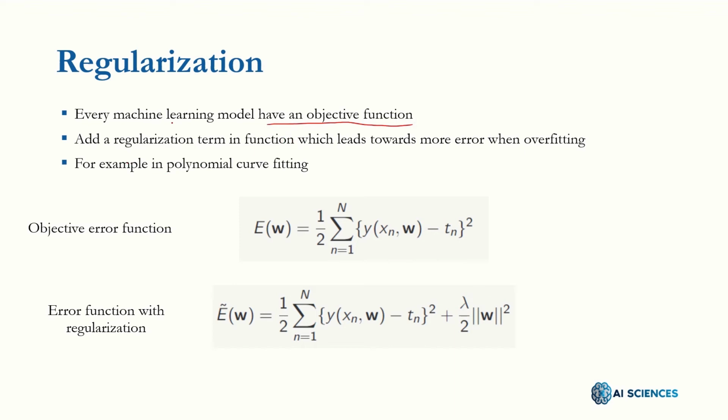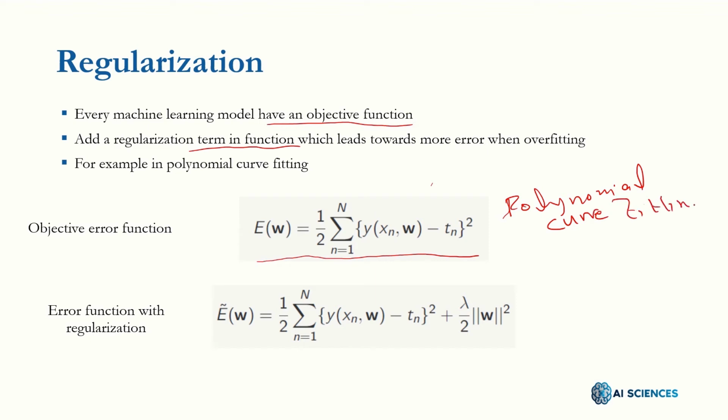What is regularization? Regularization is when we add a term in that function such that it stops the learning process from going towards overfitting. For example, as shown in this figure, this is the objective function of polynomial curve fitting, and it is an error.